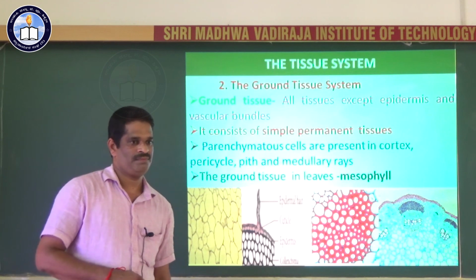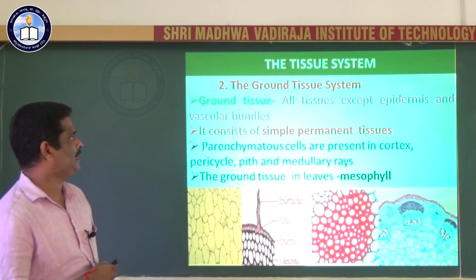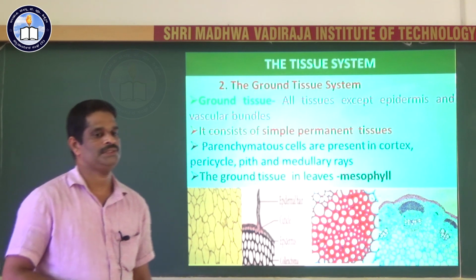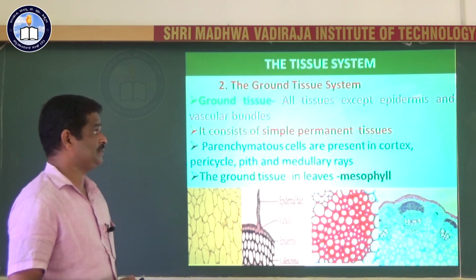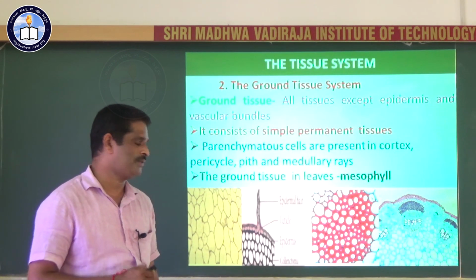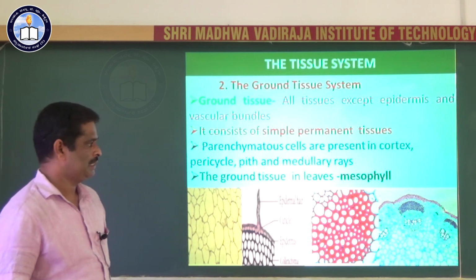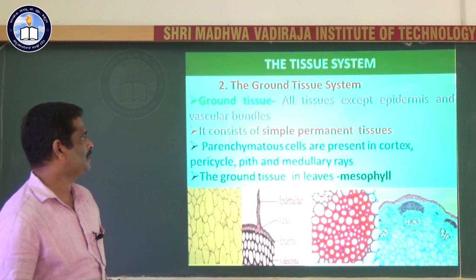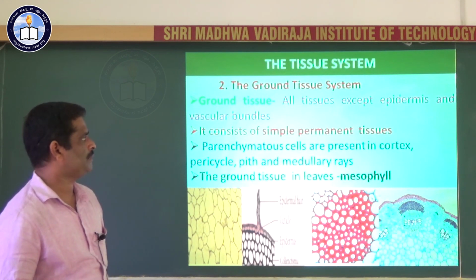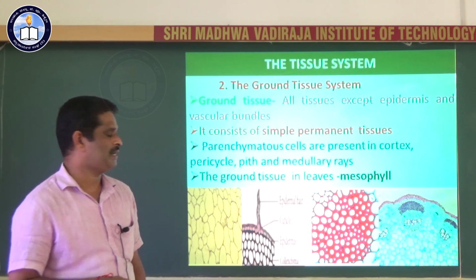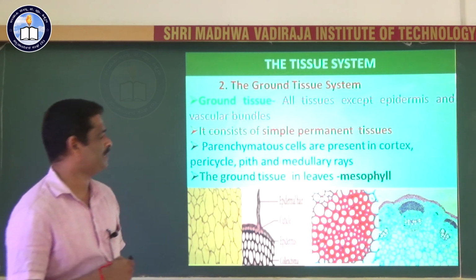Another type of tissue system is the ground tissue system. What are ground tissues? All the tissues except the epidermis and vascular bundles form the ground tissues. Whatever tissue is present between the epidermis and the vascular bundle, that is what we call the ground tissues.